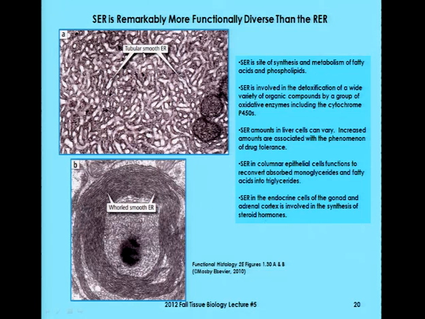So many times we will see the smooth ER in this tubular arrangement. But in endocrine cells, there is an appearance of whorled smooth ER, as we see here. And that's due to association of proteins along the cytoplasmic membrane of the smooth ER.